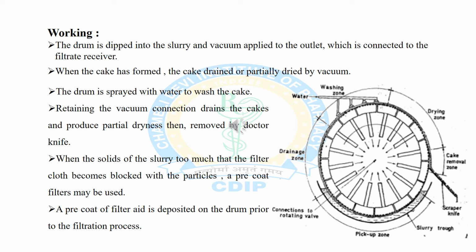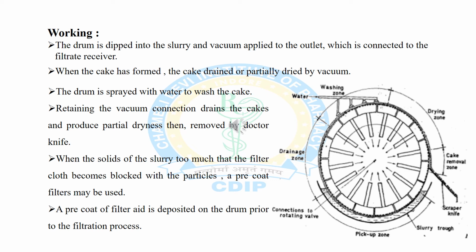In the fifth step, the solids of the slurry that deposit on the surface of the drum filter are easily removed by the doctor knife after drying, but if the cake is too thick, it may block the filter cloth with the particles.